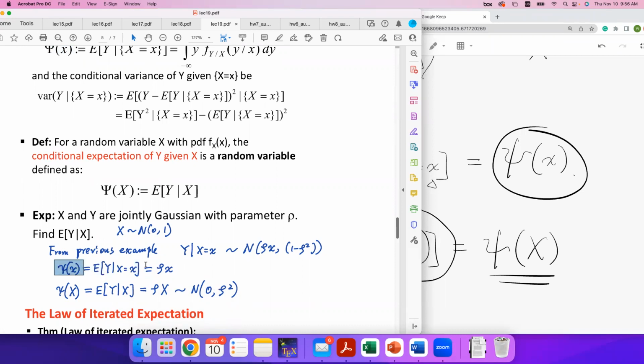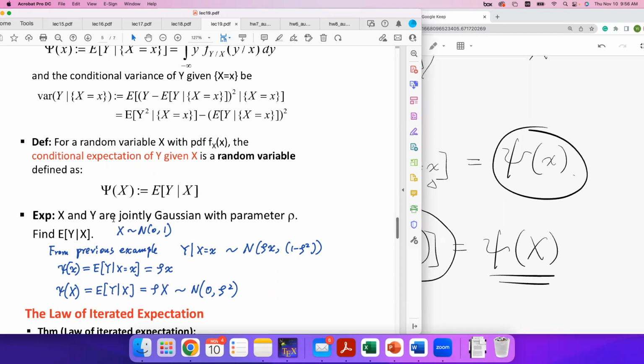From here, you can conclude that if we drop this realization, when this x is random, this is a random variable. And in fact, it is expressed as rho times the random variable x. And this is the expression for this phi x. So this shows that this conditional expectation is a random variable, and in this case, it is simply rho times x.